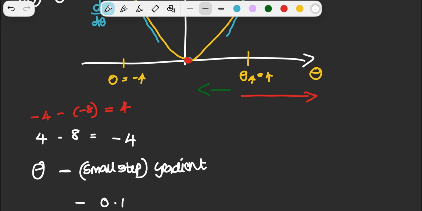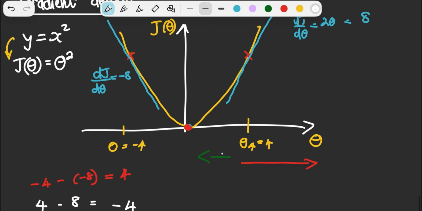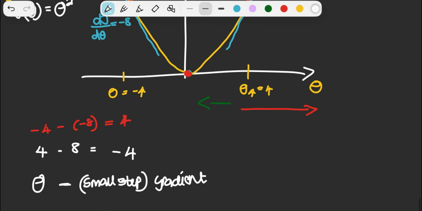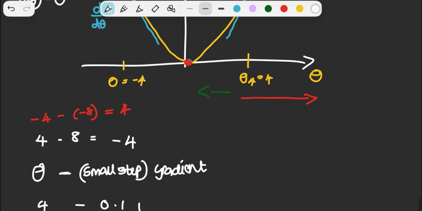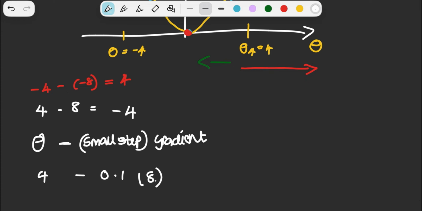If my small step is 0.1, for example, and my theta is 4, and I identify that my gradient is 8, it means I must move in this direction. I need to subtract my gradient so that I can get a smaller value of theta. So I take a small step of 0.1 and input my gradient: 0.1 times 8 is 0.8.